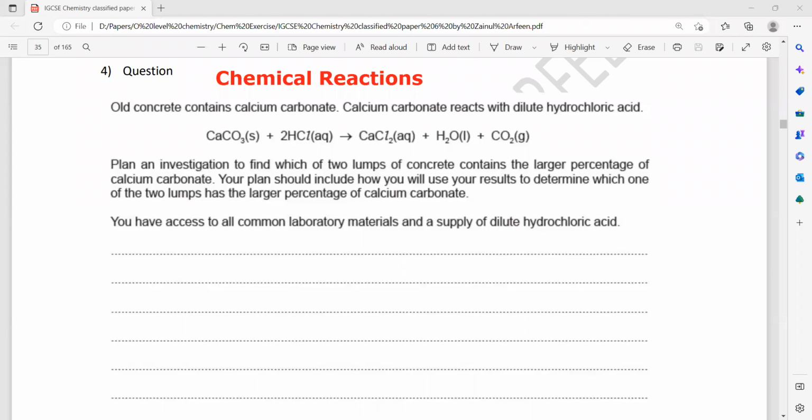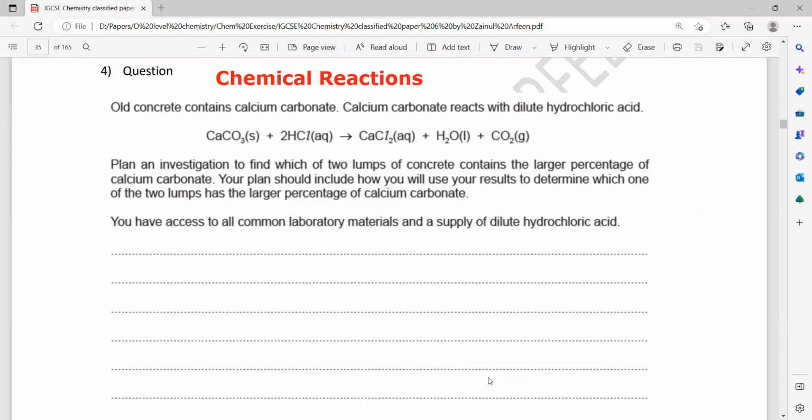So here we have to plan an experiment to find the percentage of calcium carbonate in the concrete, and as I mentioned, which contains a larger percentage of calcium carbonate.